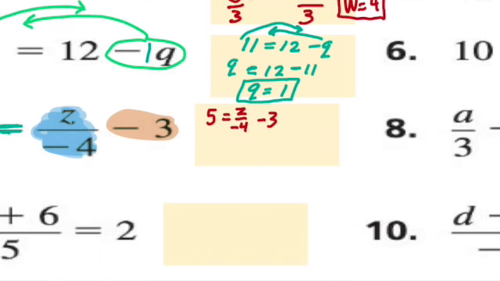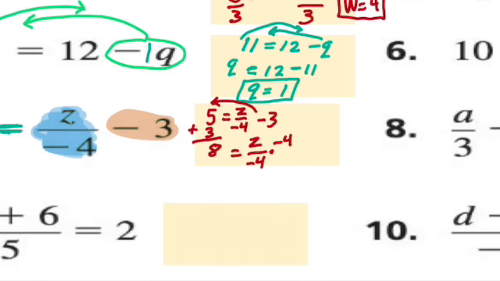So minus 3 becomes, oh, that's just plus 3. I'll write plus 3. So that's 8 equals z divided by negative 4. Now I have to think inverse operation or opposite operation. I have z divided by negative 4, and I want to undo the divide. I'm just simply going to times by negative 4, which is that same idea as negative 4 over 1.